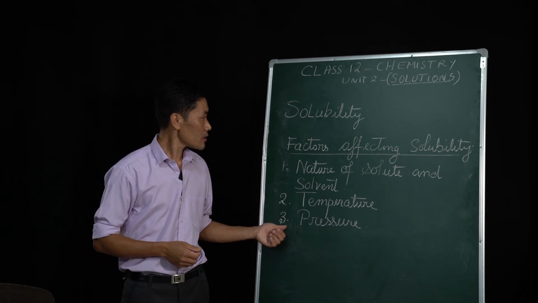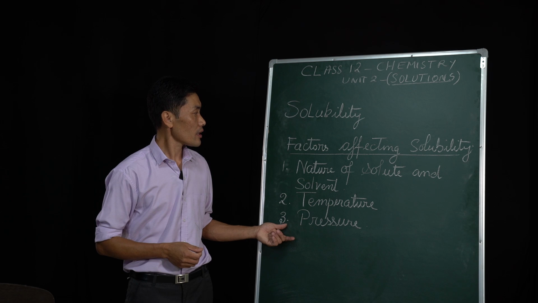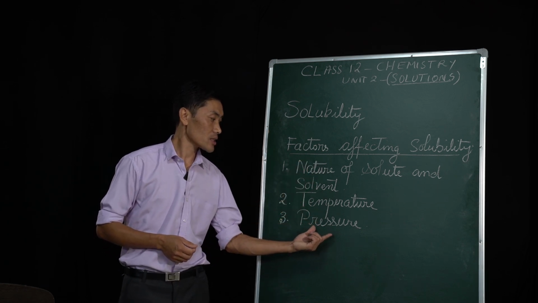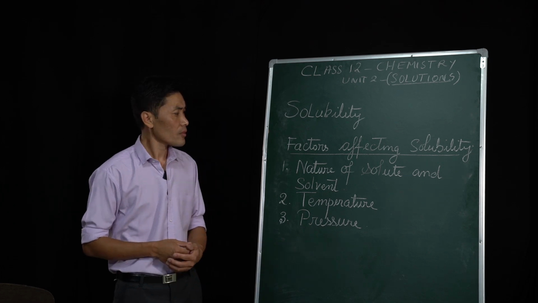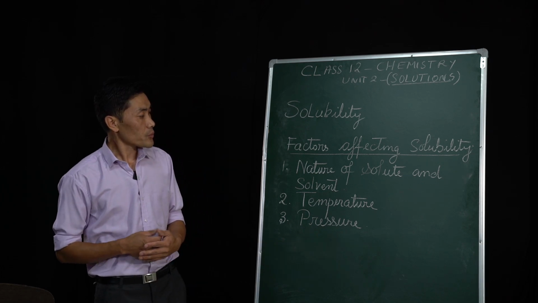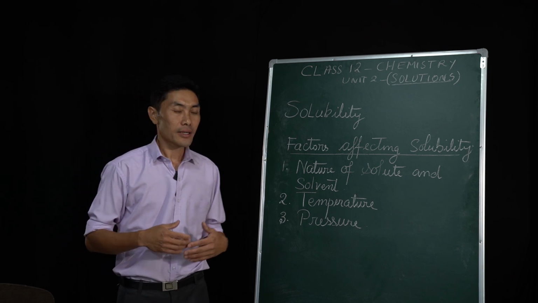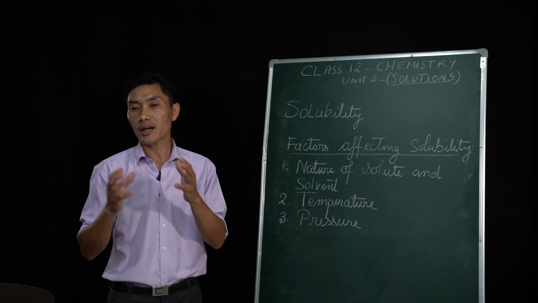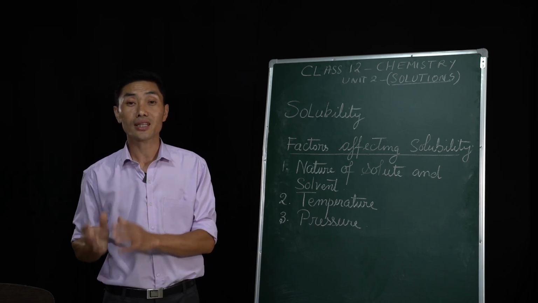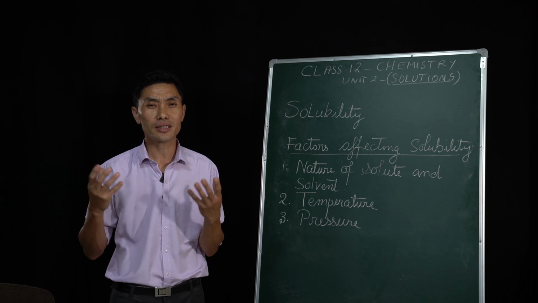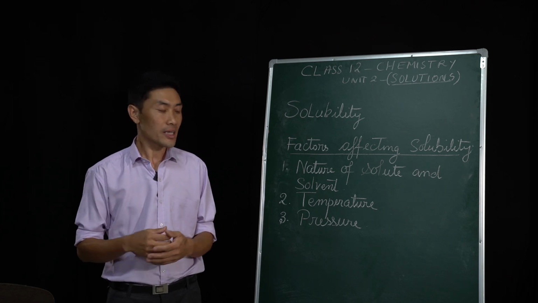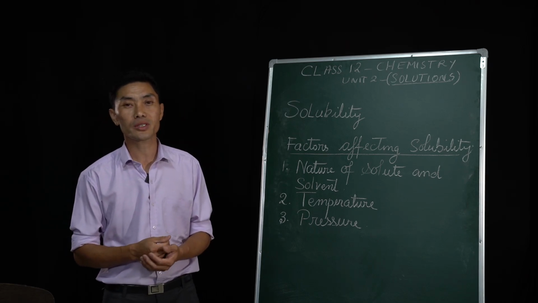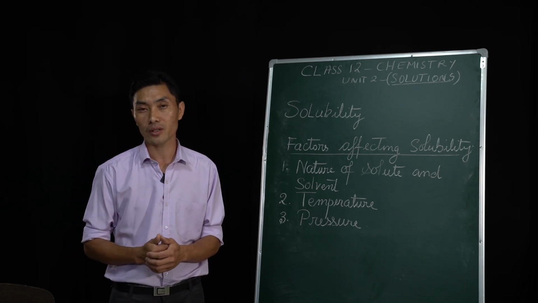Finally, the third factor that affects the solubility of a solute in a solvent is pressure. When we change the pressure, solubility of a solid in a liquid is hardly affected. That means change in pressure has no significant effect on the solubility of a solid in a liquid.